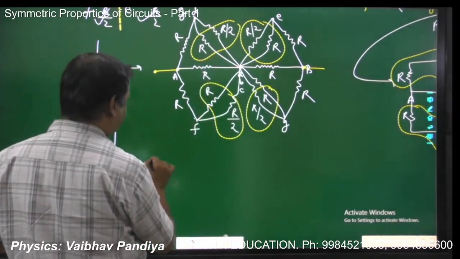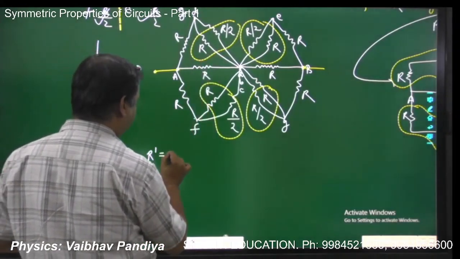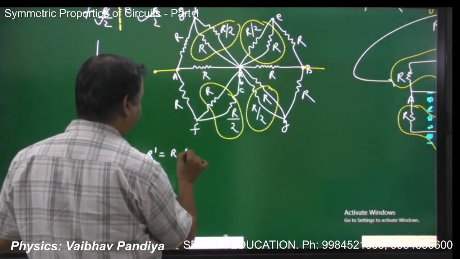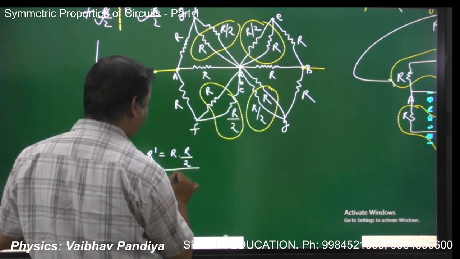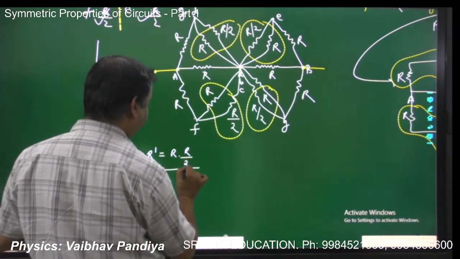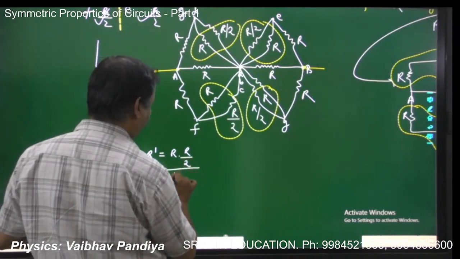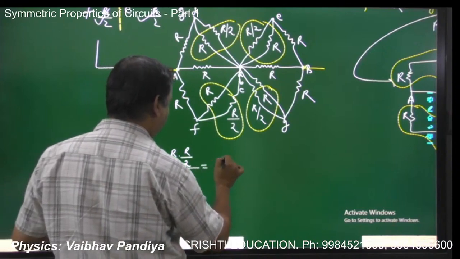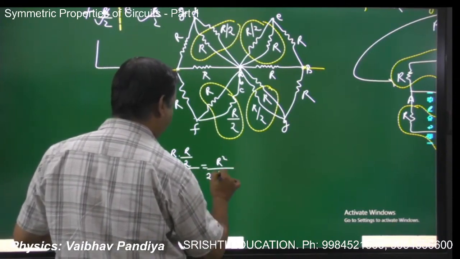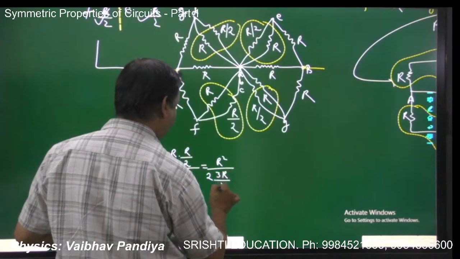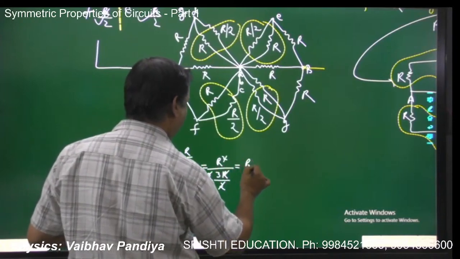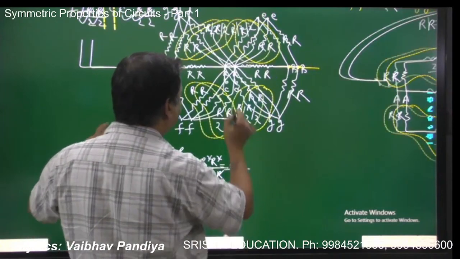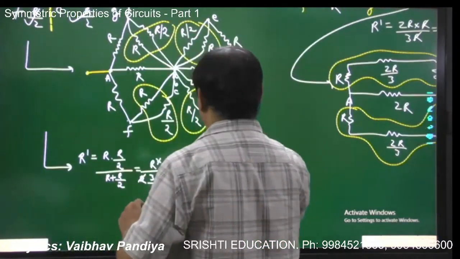R and R by 2 say has equivalent R dash, so it will be R1 into R2 over R1 plus R2. So R plus R by 2 is 3R by 2, and I'll get R square by 2 over 3R by 2, so I'll get R by 3. So all these yellow dotted resistors have a value of R by 3.